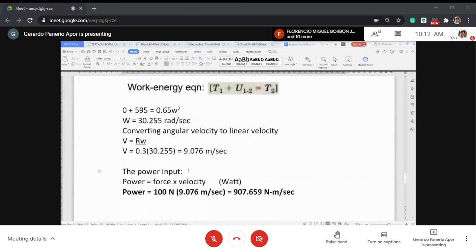And power. Okay. So power input is just equal to force times velocity. Force times velocity has a unit of Newton meter per second, so that is power. The other way of saying the unit is by the unit watt. Kilowatt is a unit of power, or watt is also a unit of power.